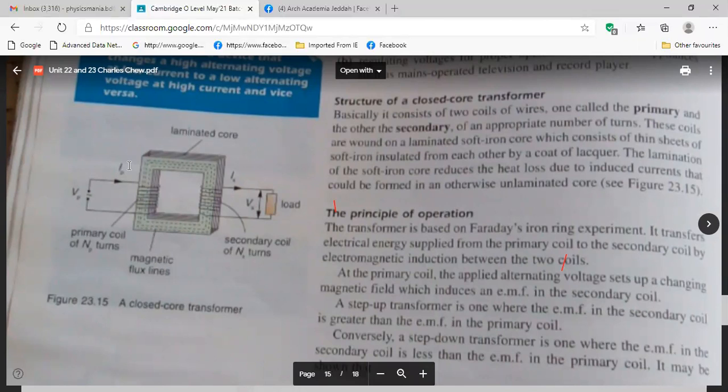In the secondary, we'll have the same power. Like, why the same power? If the voltage increases, then the power should also increase. Very good question. That time, power remains the same, but if your voltage is increasing, your current will decrease.